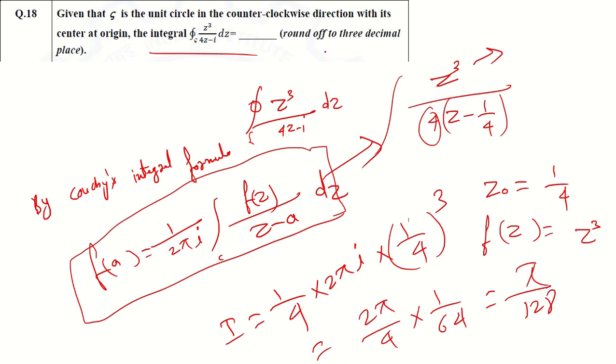Round off to 3 decimals, so pi by 128 is equal to 0.024 is the answer. So if you know this Cauchy integral formula, we can easily solve this integration.